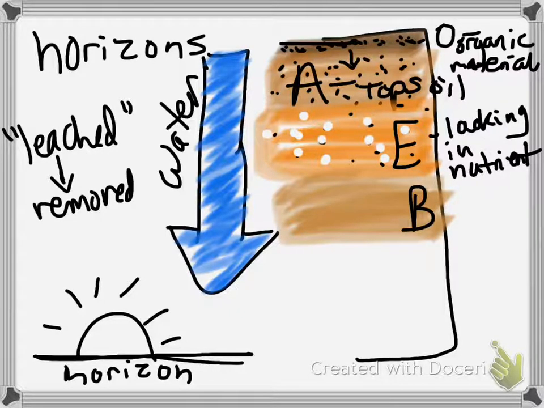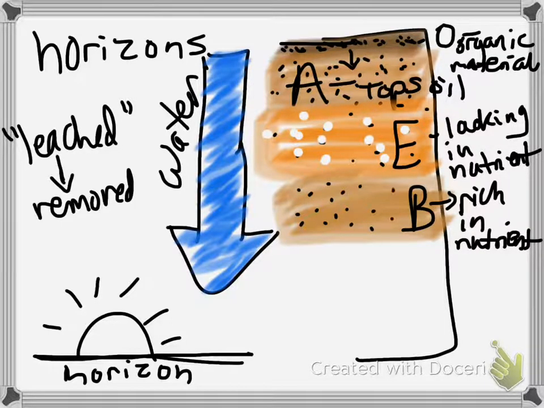B horizon is really rich in nutrients. That's because all the nutrients from the E layer are being collected here in the B layer. Underneath the B layer, you have the C layer.